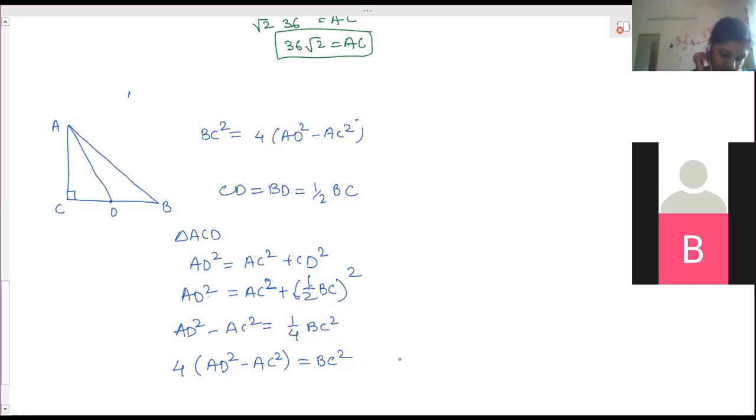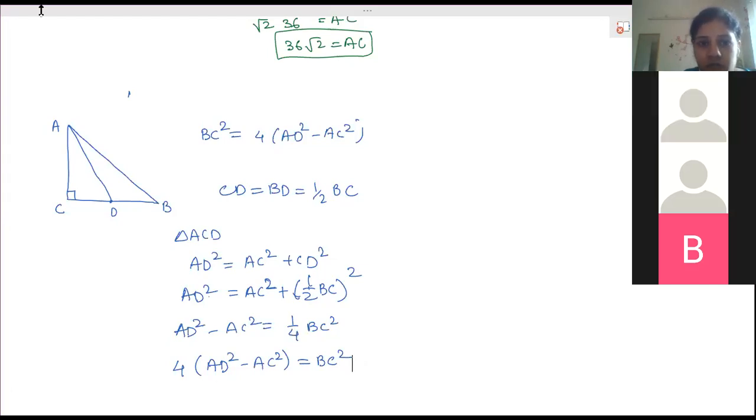Is this clear? Anything else apart from this question? Any doubt you have?